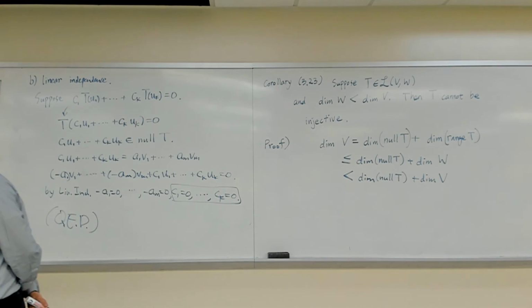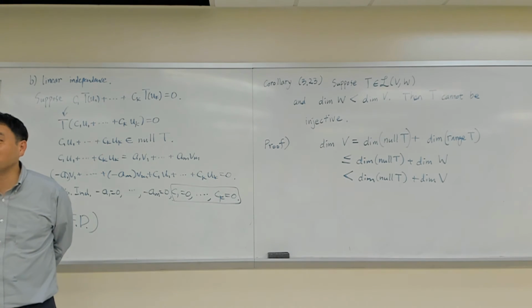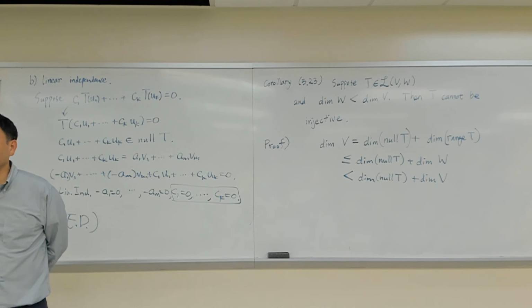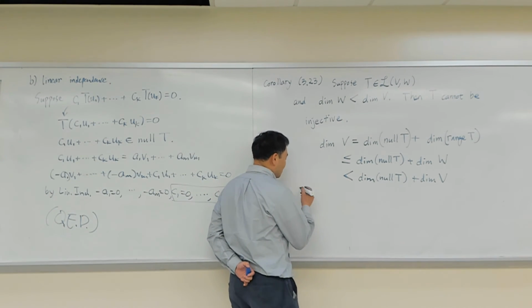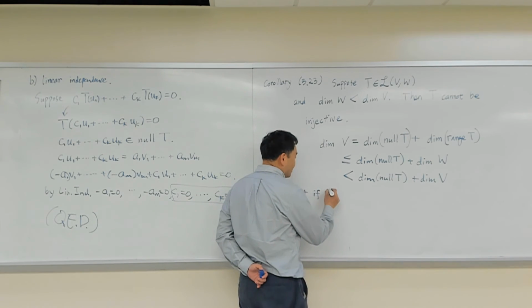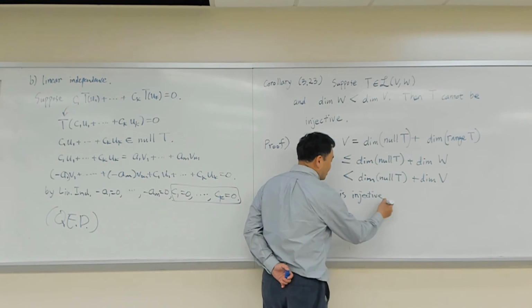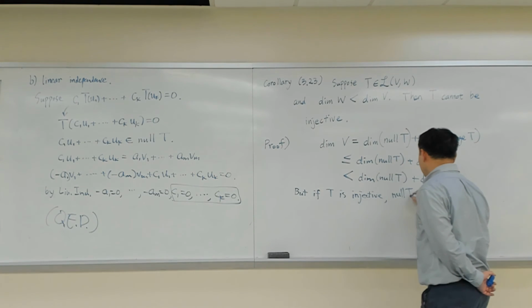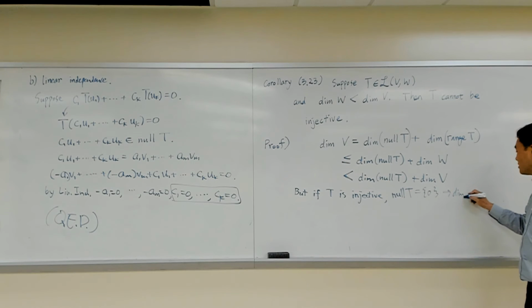Okay, can you finish this proof? Yeah, what do you do? If it's injective, then the dimension of null T should be 0, right? So then the dimension of V is strictly less than the dimension of V, which is a contradiction. Right. So if T is injective, we know that means that the null of T is 0, so that the dimension of null T is 0.